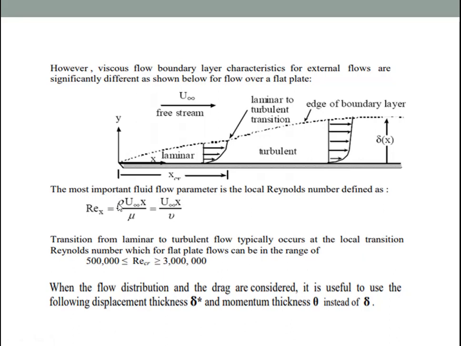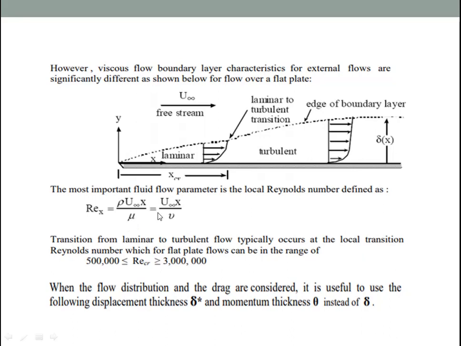By putting in the values of inertia force and viscous force, we get this formula: rho u infinity x divided by mu, where rho is the density of the fluid flowing over the plate, and u infinity is the free stream velocity of the fluid, any fluid meaning any liquid or gas, times x. x is the distance from the leading edge of the plate, divided by mu. Mu is the dynamic viscosity of the fluid.